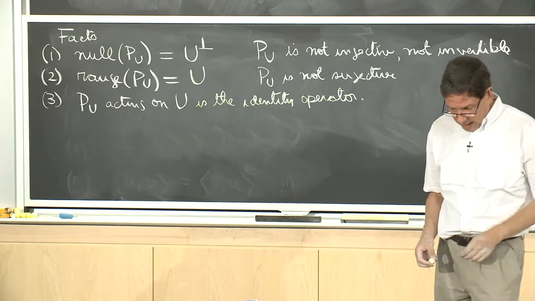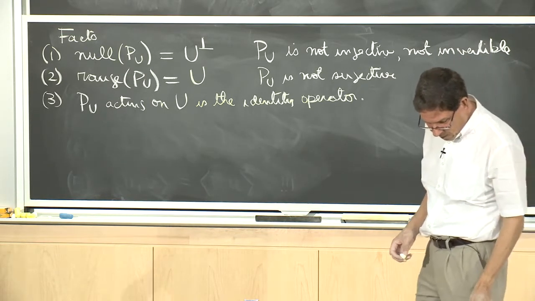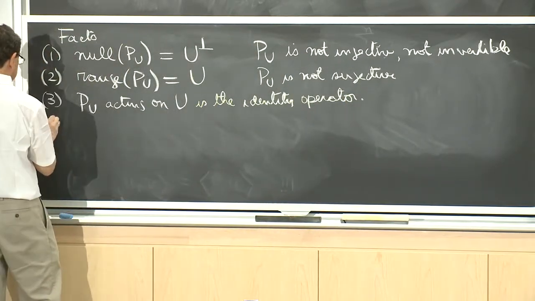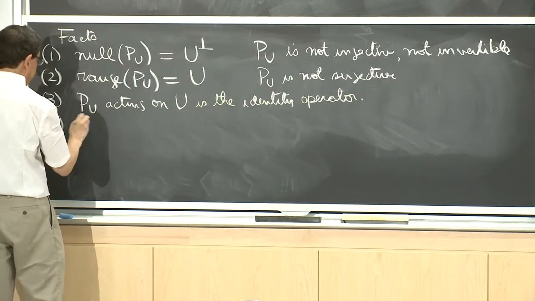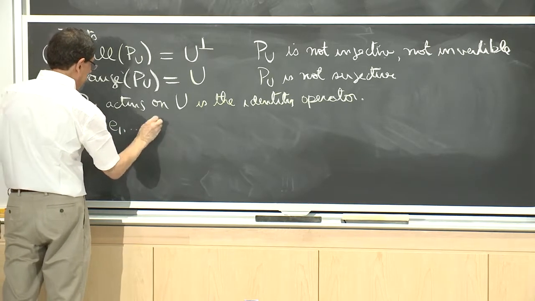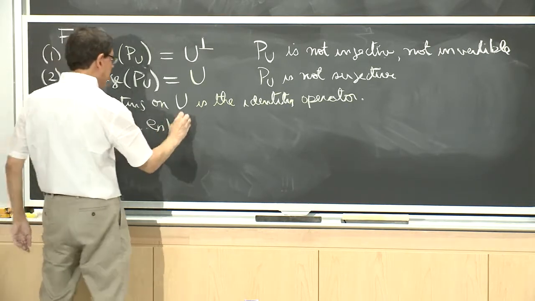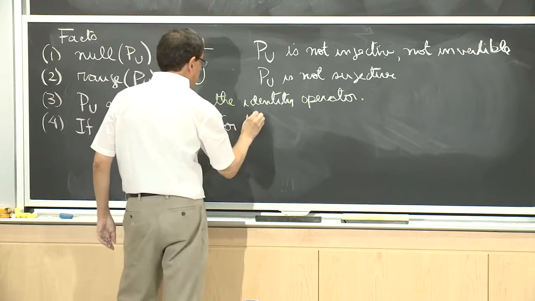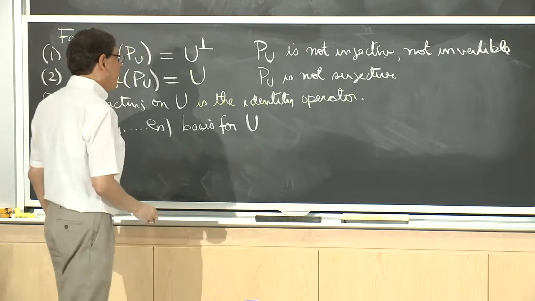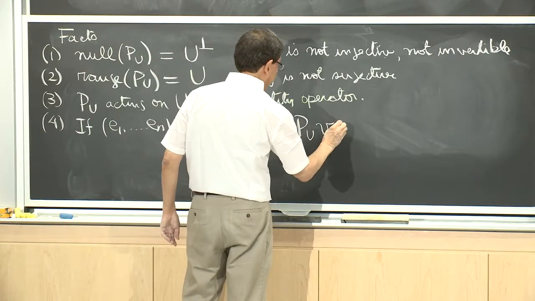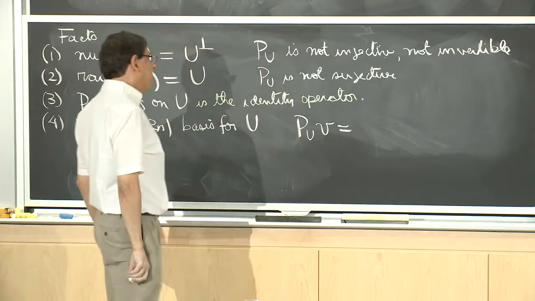Now let's write a formula for the action of the projection. If e_1 up to e_n is a basis for U, then P_U on V gives you what?